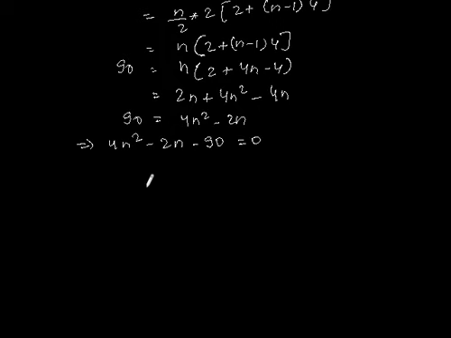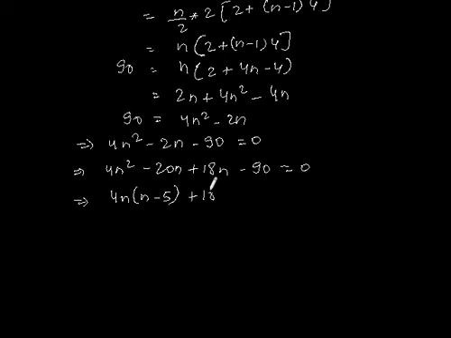Now splitting the middle term, we will get 4n square minus 20n plus 18n minus 90 is equal to 0. This implies, taking 4n common, 4n into n minus 5 plus 18 into n minus 5 is equal to 0.